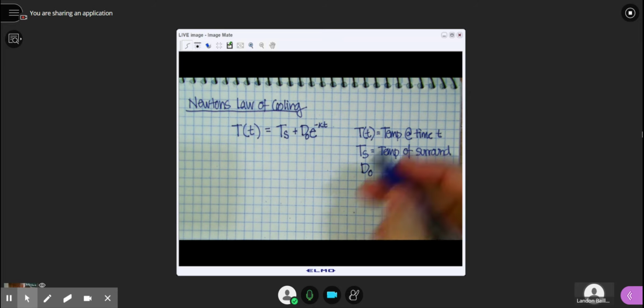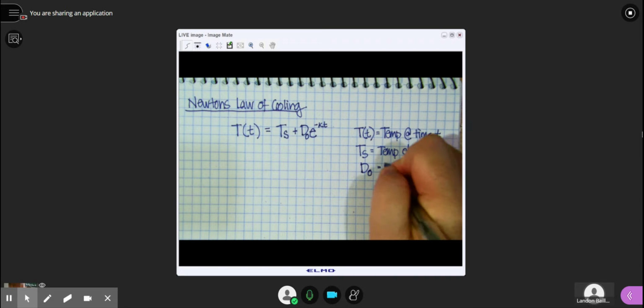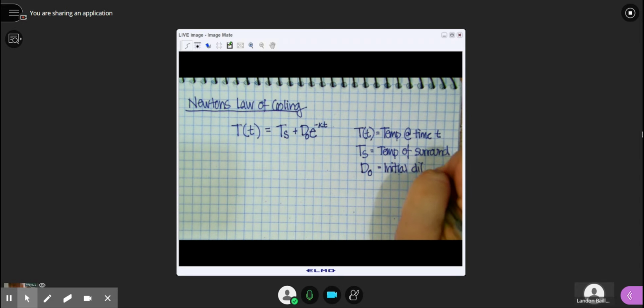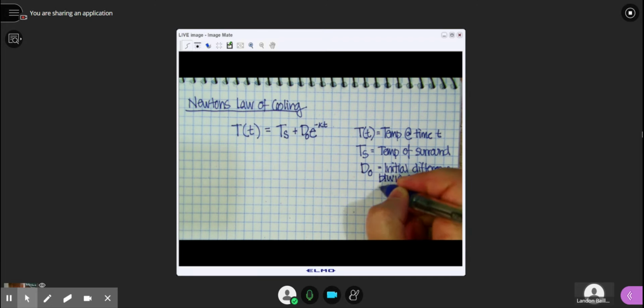D sub 0 is the initial difference between the surroundings and the temperature of the object.